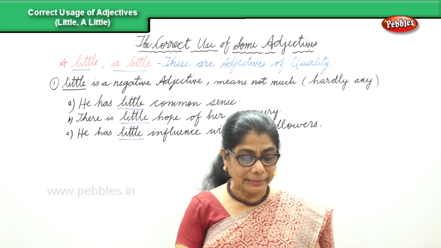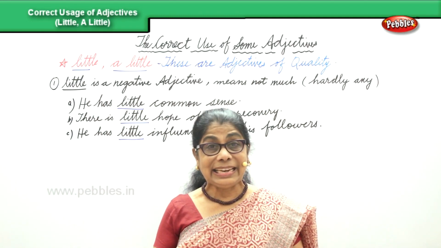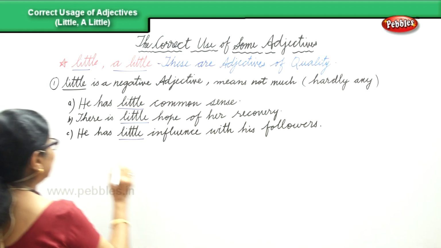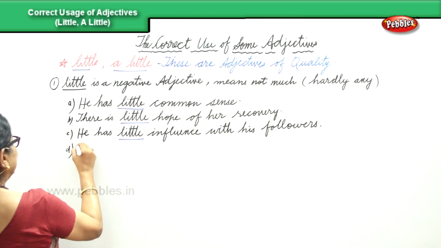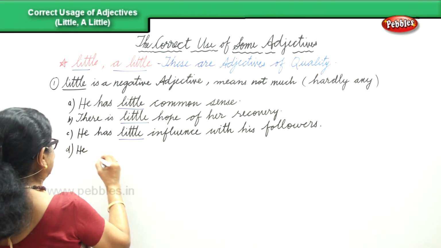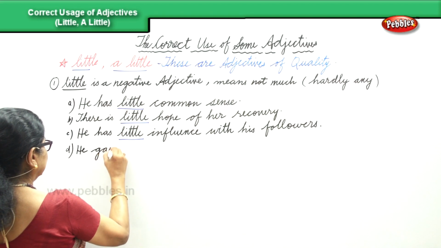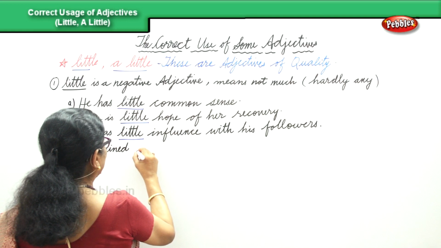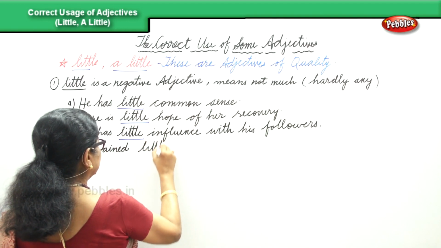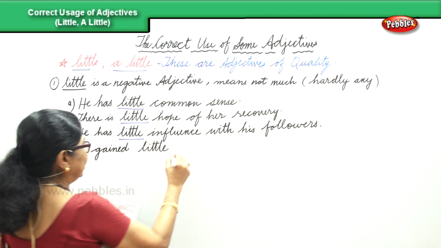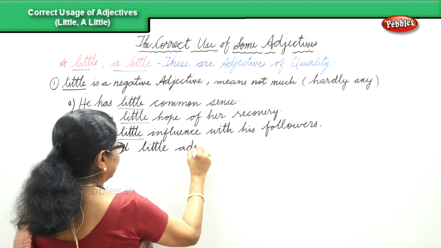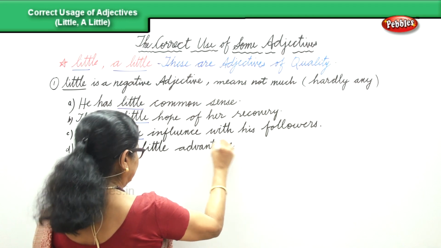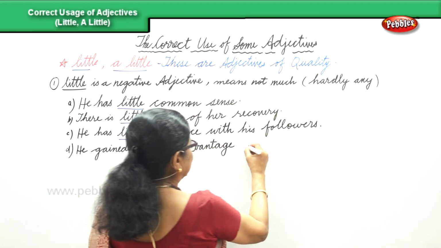That's what we mean. And the next sentence, he gained little advantage from the scheme. Very little, not much. Okay. He gained little advantage from the scheme.